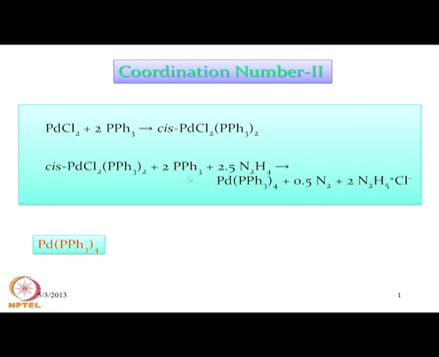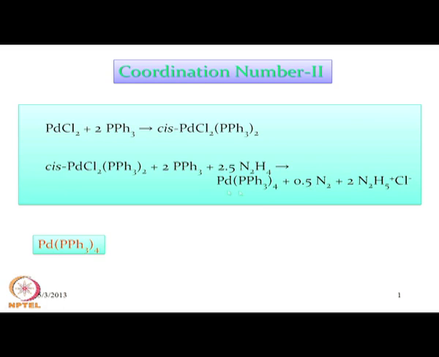Instead, it has some surrounding available triphenyl phosphine groups. So, it will attract more triphenyl phosphine groups towards it, and this Cl minus will be taken away by the same hydrazine molecule, where the hydrogen is now behaving as a base in this system.